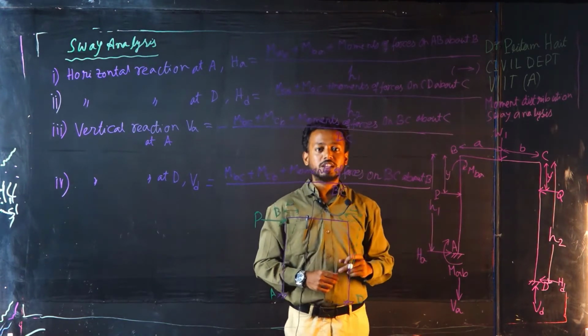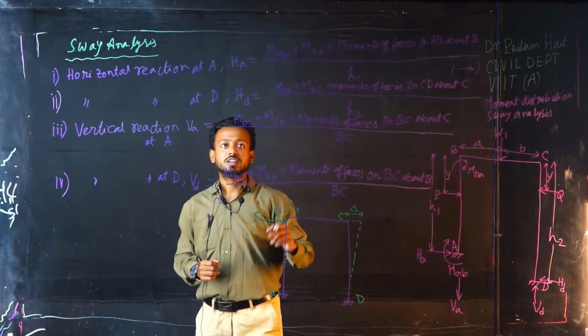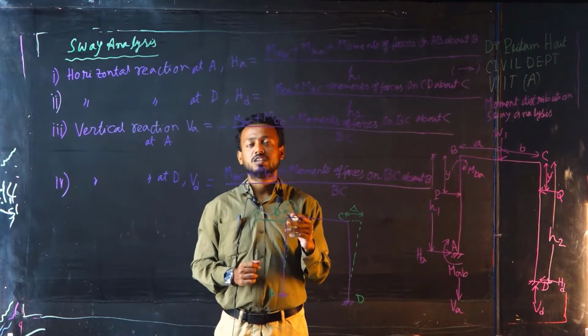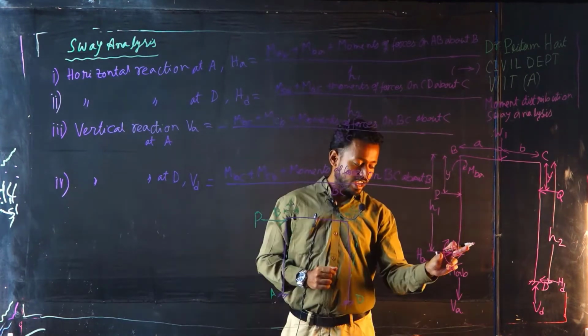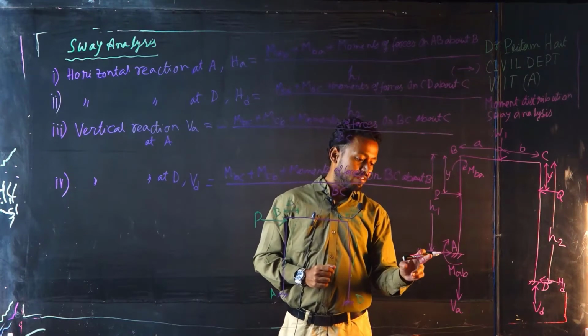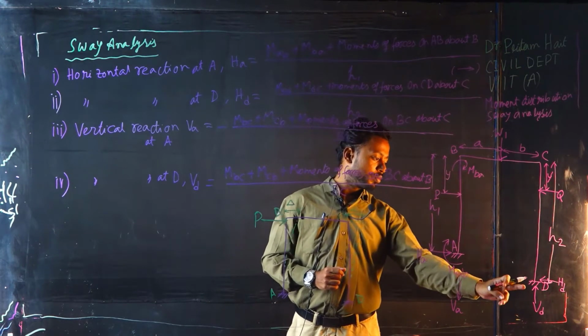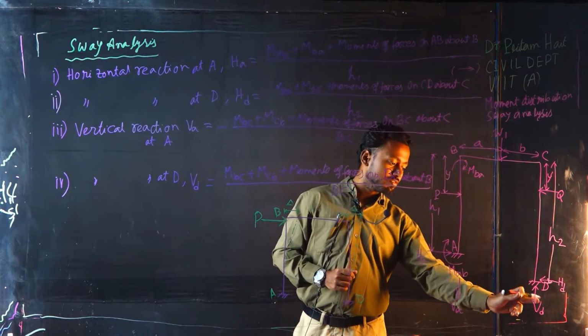In this way we have calculated the support reactions, horizontal and vertical: at support A, HA and VA, and at support D, HD and VD.